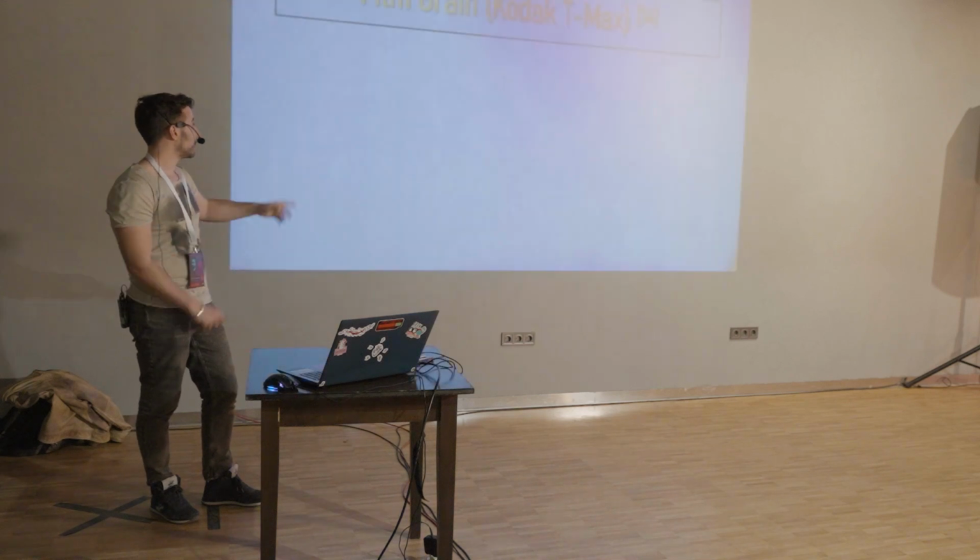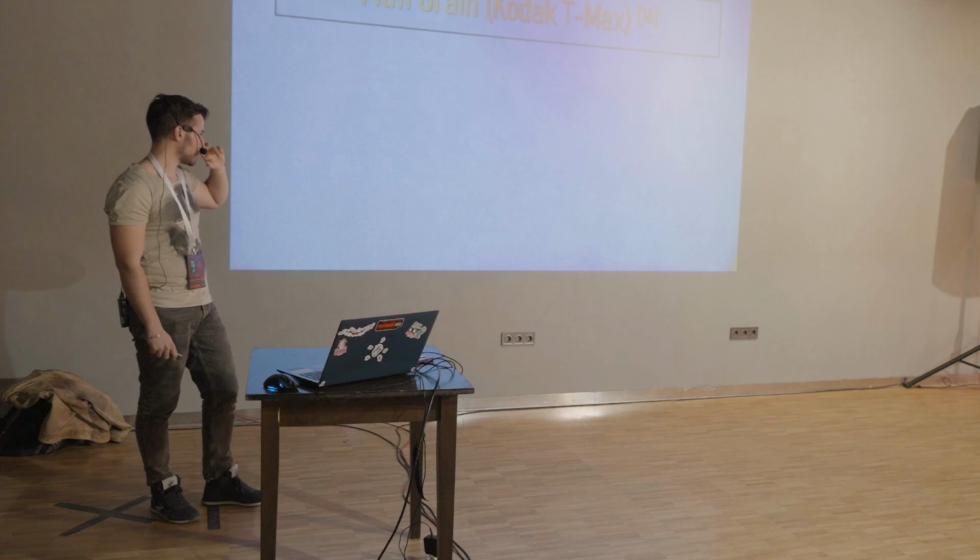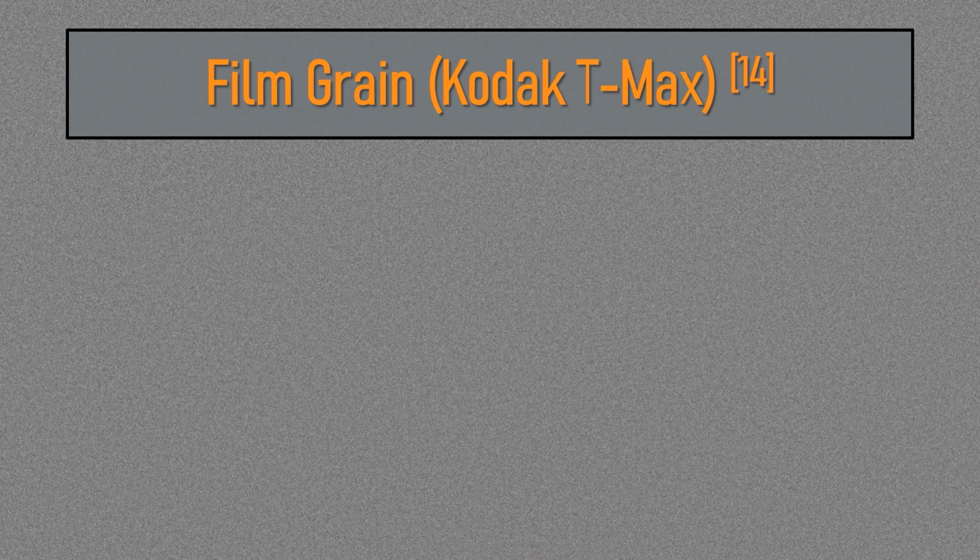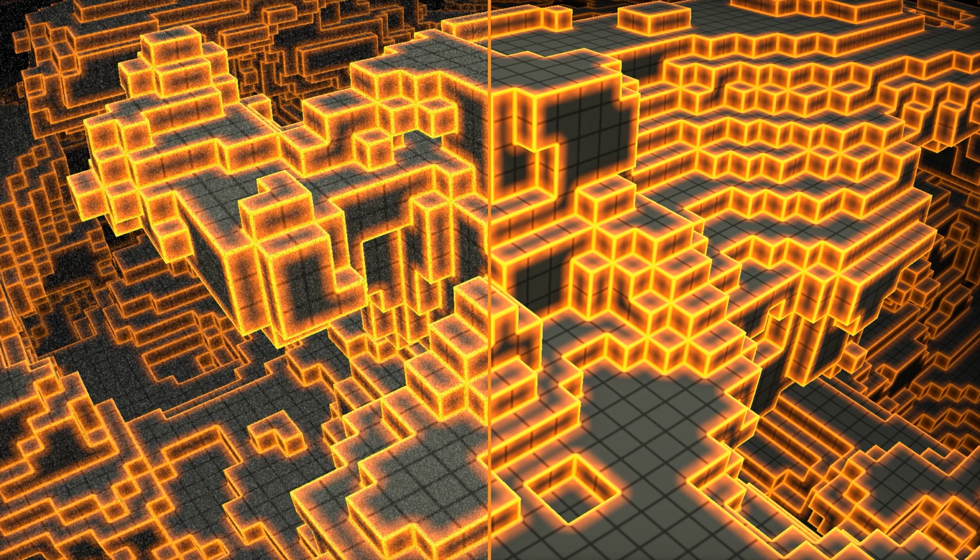So you get film grain textures. By the way, film grain texture is pretty easy to achieve. You can just take a texture and hard light it on top and stop it from moving, and you get a pretty decent effect.